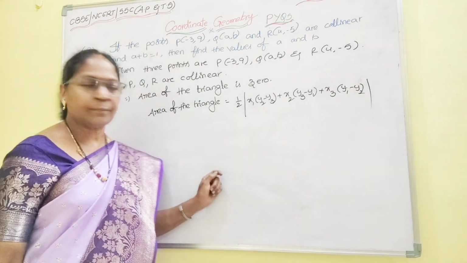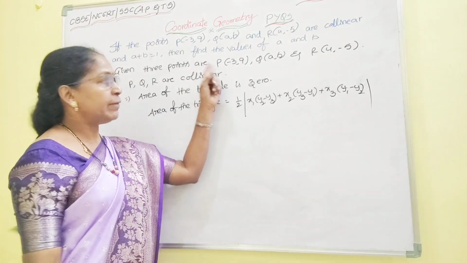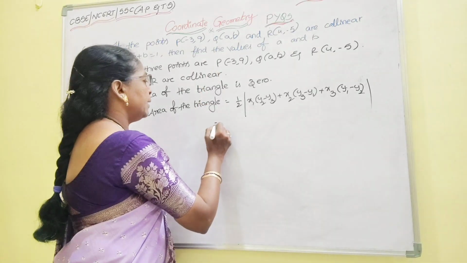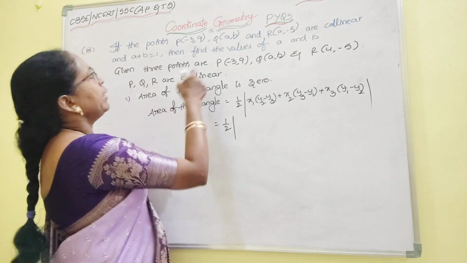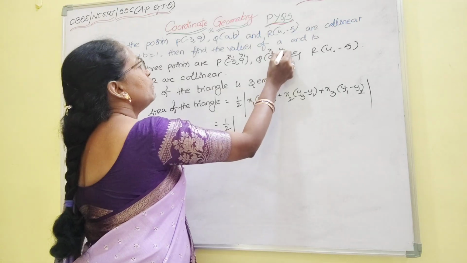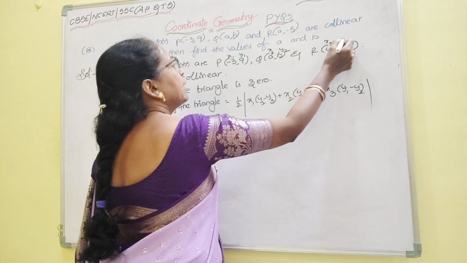This is the formula. First write the given data, next write the formula. Now substitute the values, where x1 y1, x2 y2 and x3 y3.